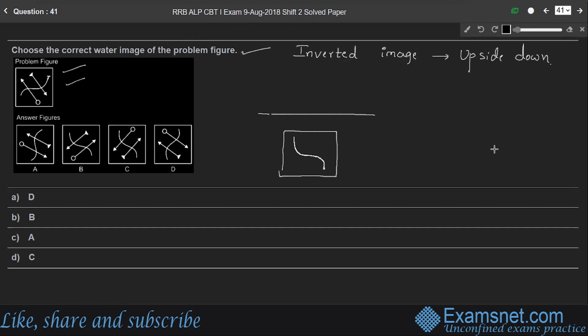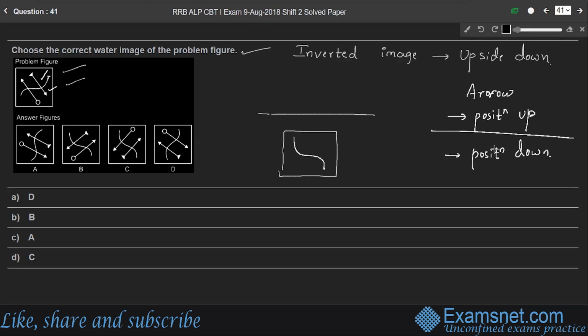And coming to the arrow part, this arrow is facing down in the problem figure, so in the image it faces up. We'll focus on the arrow's position. The position is up in the problem figure, so in the image its position becomes down.